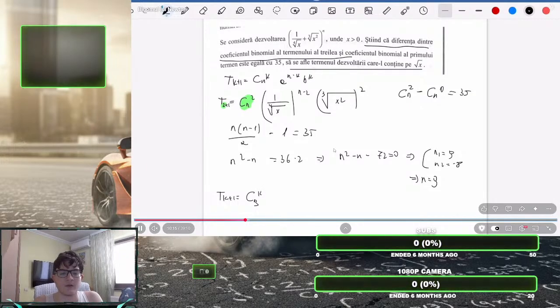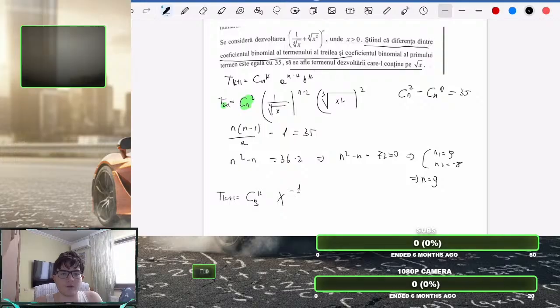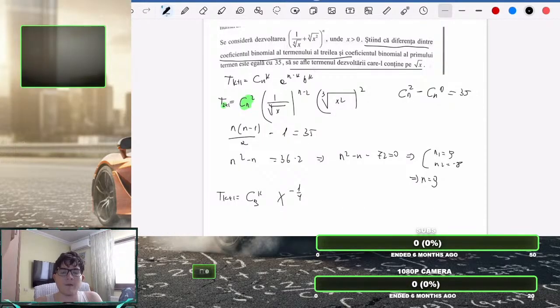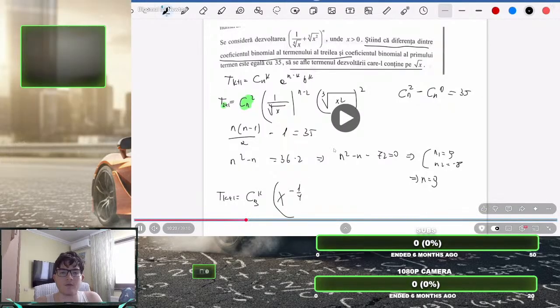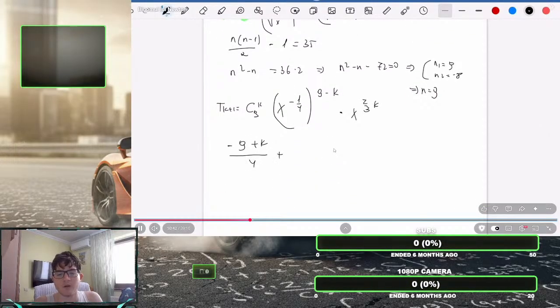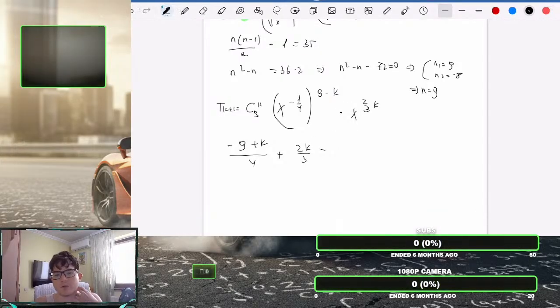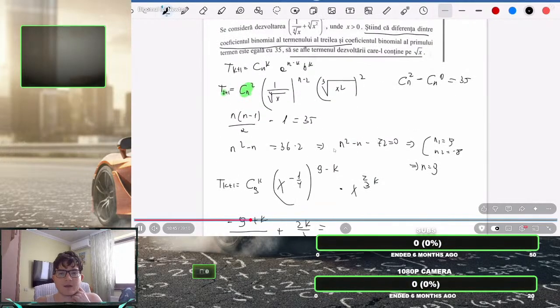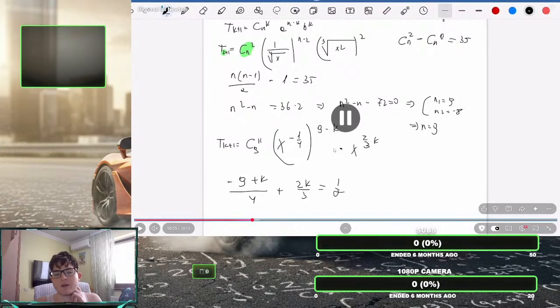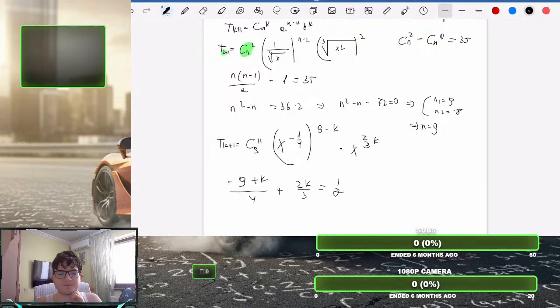9. Plug it in the formula of C9k. Now that first one, power minus 1 divided by 4, that's correct. And the second one will be x at the power of 2 divided by 3, right? And k right there. I mean, it's 2k divided by 3, right? Now we got the same base. Work with it. Equalize with that square root of x, or what? That is x to the power of 1 divided by 2, so 1 divided by 2.